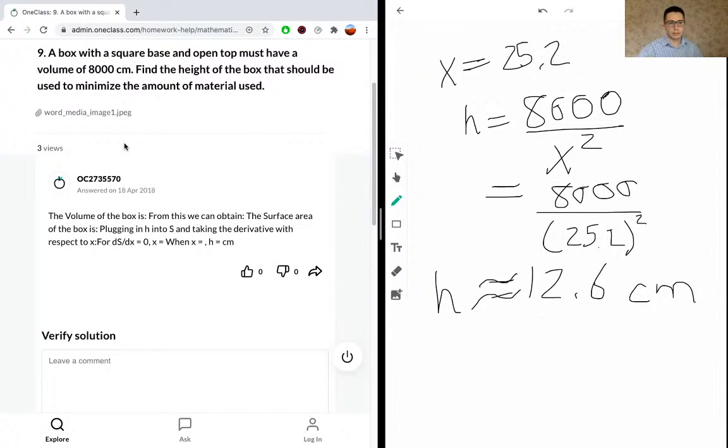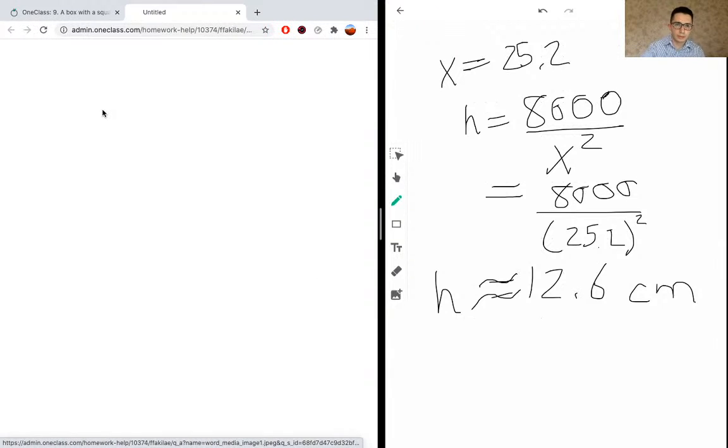Looking at this solution, the volume of the box is given, and from this we can obtain the surface area. So it gives a process, but it doesn't show a complete solution. We have a file. Let's see what the file says.